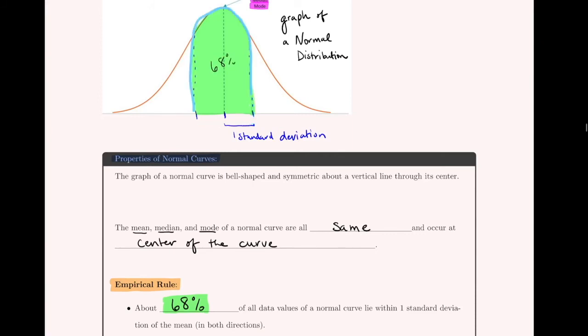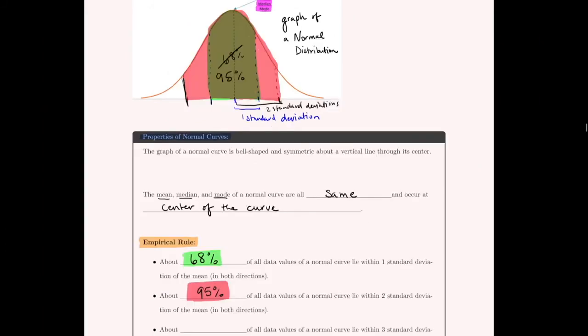Now, if we instead go out 2 standard deviations from the mean in both directions, we see that 95% of all data values lie within 2 standard deviations of the mean in both directions. And if we continue to go out further, if we look 3 standard deviations from the mean in either direction, 99.7% of all data values must lie within 3 standard deviations.